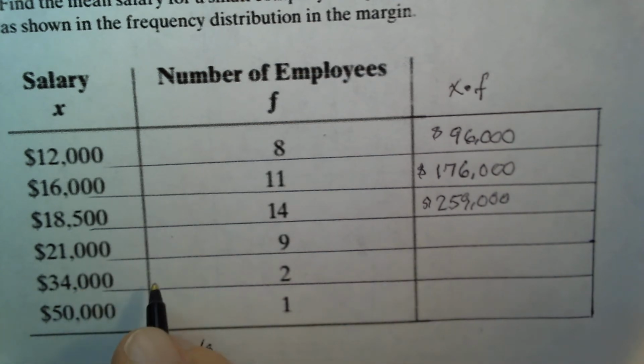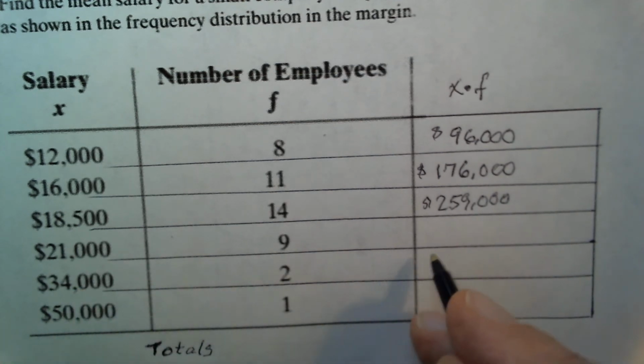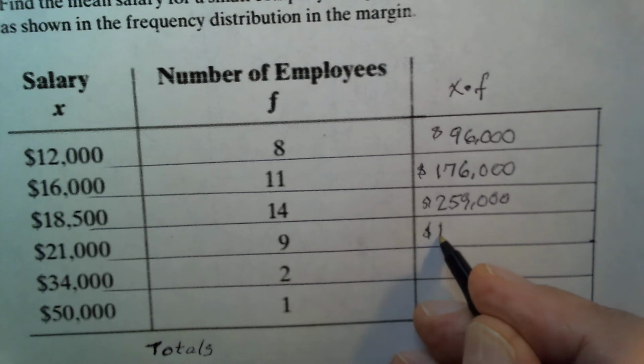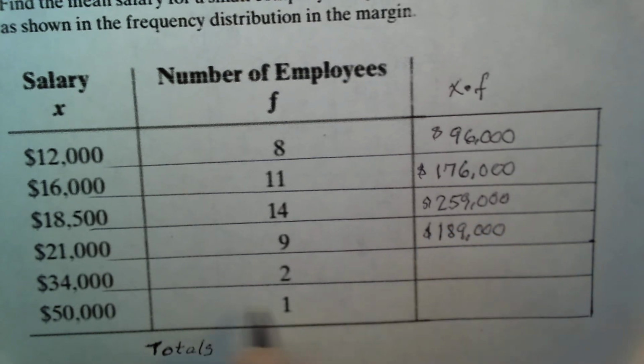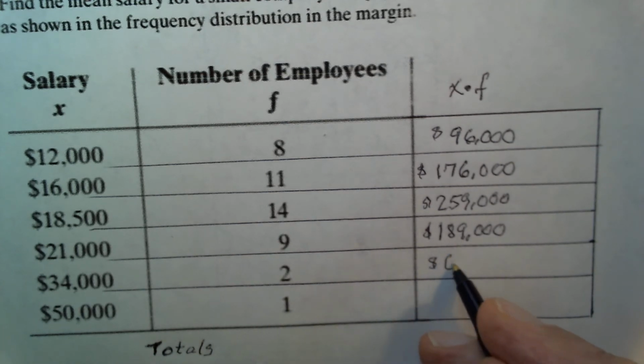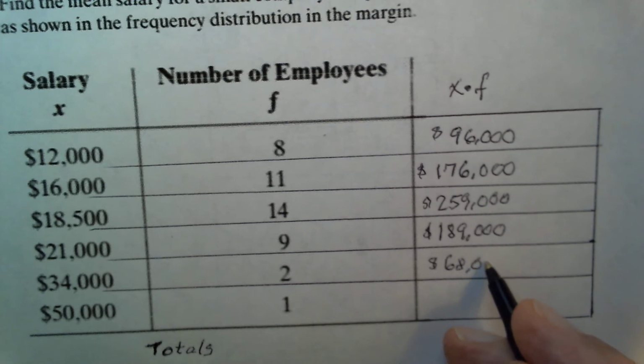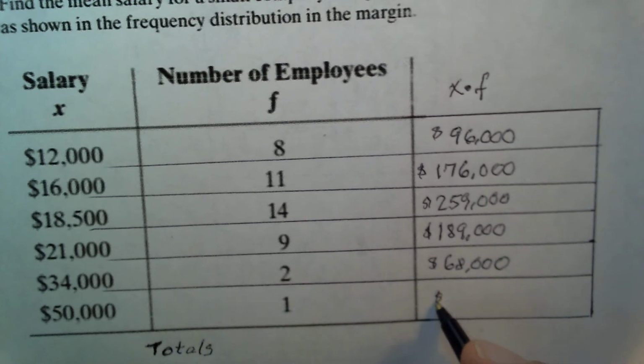And 9 times 21,000 is $189,000. And 2 times 34,000 is 68,000. And 1 times 50,000 is 50,000.